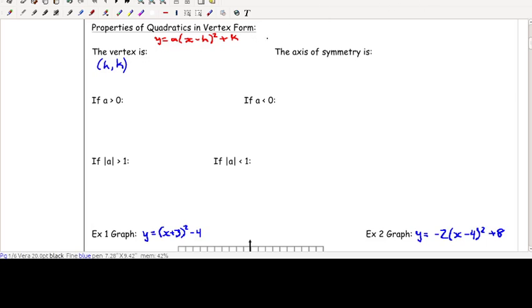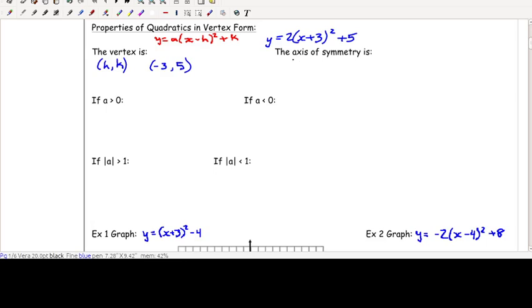So, for example, if I had the parabola y equals 2 times (x plus 3) squared plus 5, this parabola would have a vertex of, flip the sign of this, so x minus minus 3 means h is actually negative 3, plus 5, so that means k is 5. Don't flip the sign on k. So there we have, there's my vertex. Can pull it right out of the equation when my equation is given in vertex form.